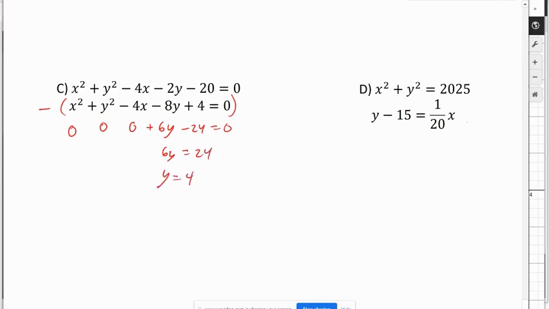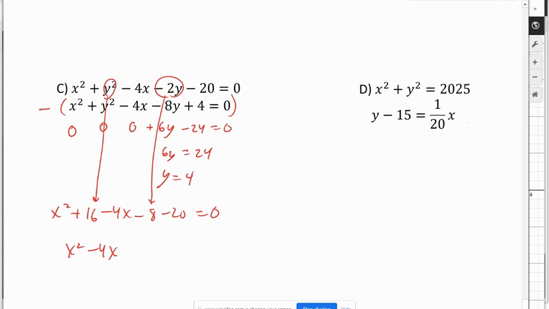And then if I plug that into either equation in place of y, I'll plug it into the first one. I get x squared plus 16. So if I'm plugging in 4 for y, that becomes 16, minus 4x, minus 2y becomes minus 8, and minus 20 equals 0. So now that simplifies to x squared minus 4x minus 12 equals 0.